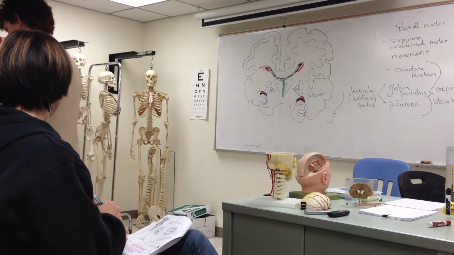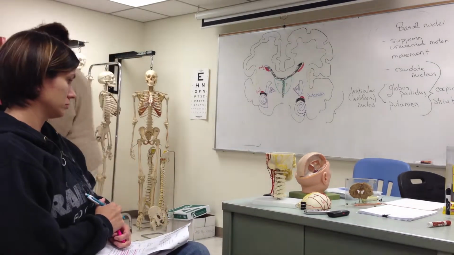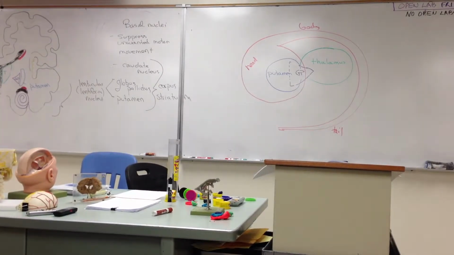So in lab, when you look at the brainstem model that you put away, you'll see that posterior view of the thalamus. So you can open this out. What's this area right here called? Insula. Okay.